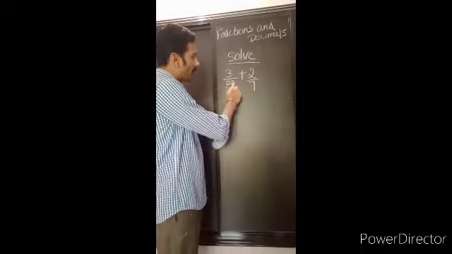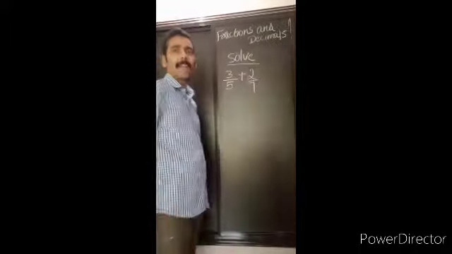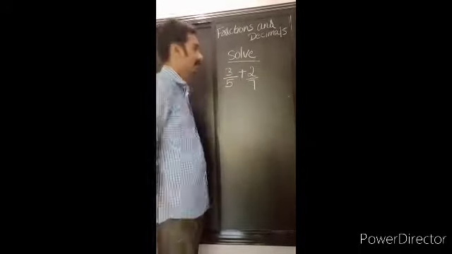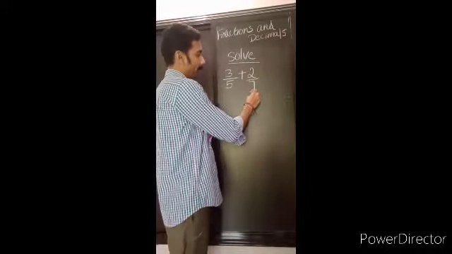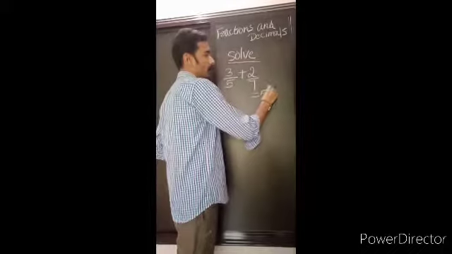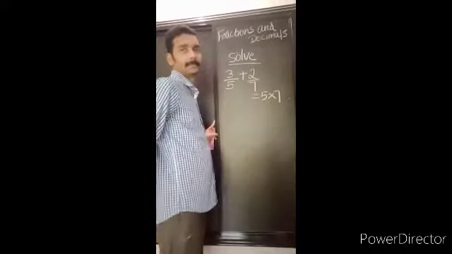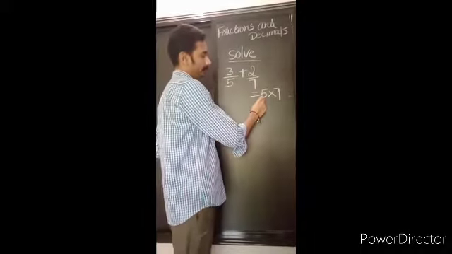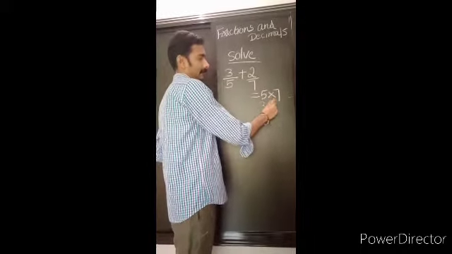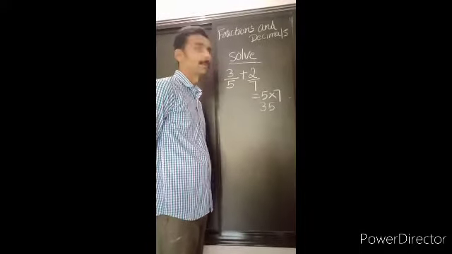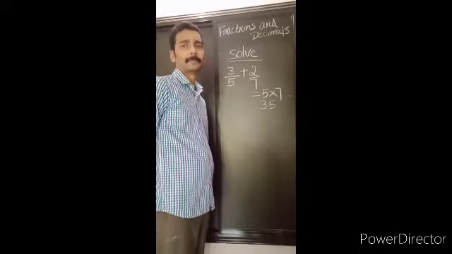There are no common factors in 5 and 7. In this case, first we multiply 5 into 7, that is 35.